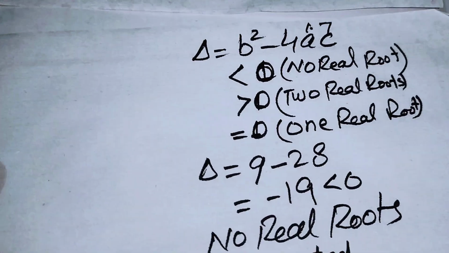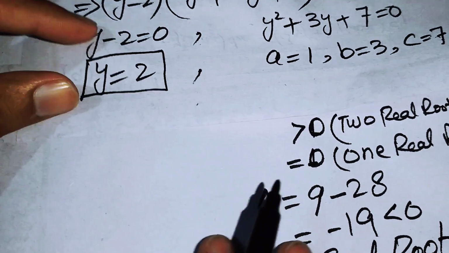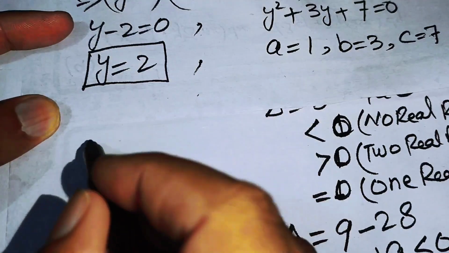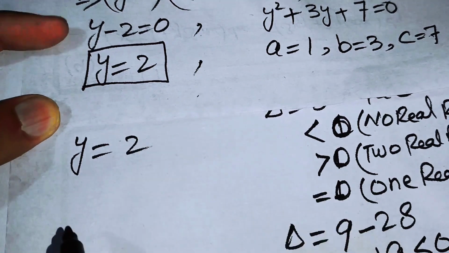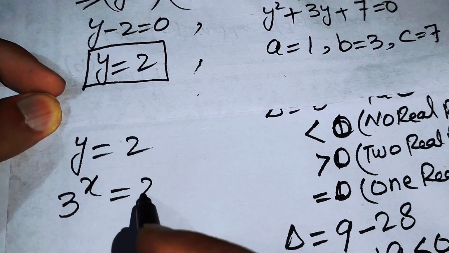Now we proceed with this case only, because in this case you have y is equal to 2, and at the start of the question we took y as 3 to the power of x is equal to 2.